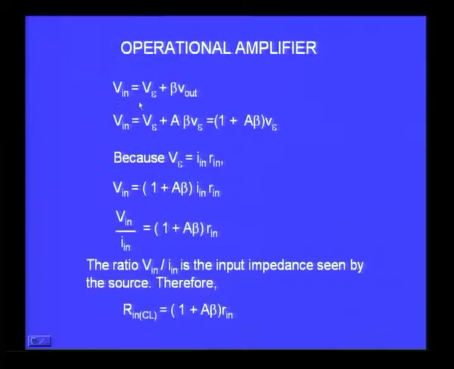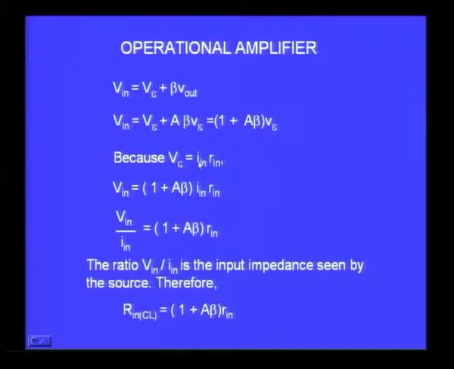I hope you can remember, V input is V epsilon plus beta V output, therefore V epsilon is V in minus beta V output, that is what we already saw. So, V in is V epsilon plus A beta V epsilon, because V output is A times V epsilon, that is equal to 1 plus A beta times V epsilon.